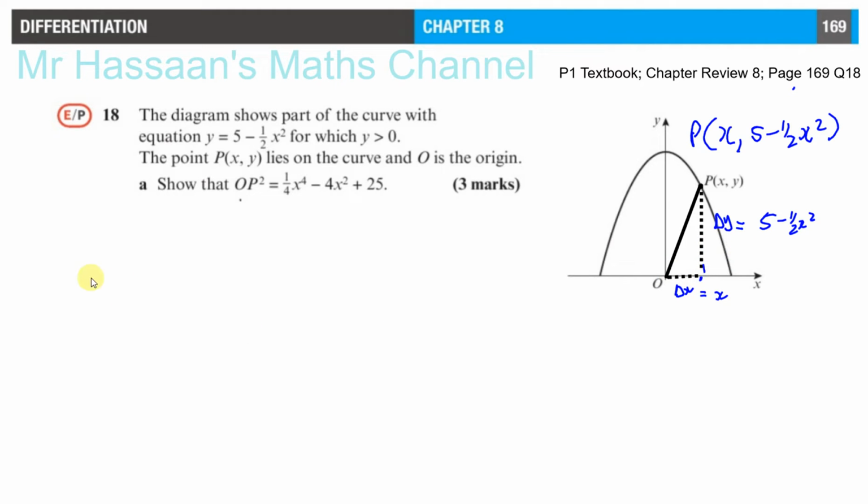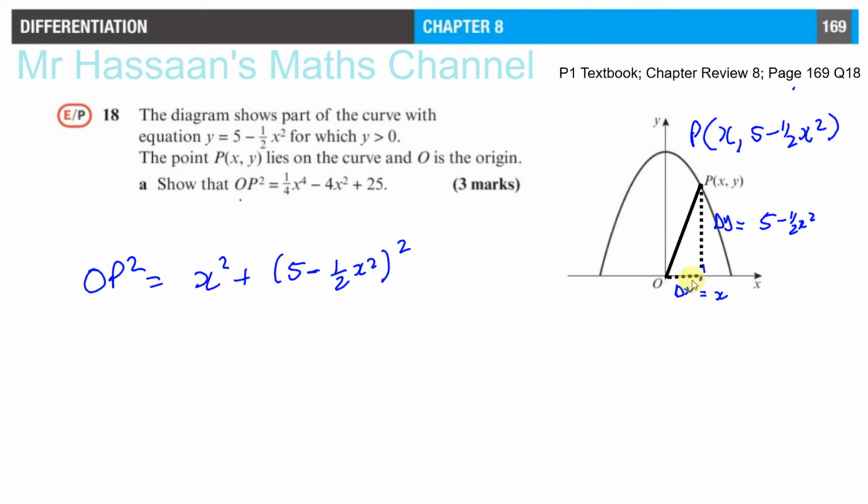So by Pythagoras I can say OP squared is equal to x squared plus 5 minus a half x squared, all squared.